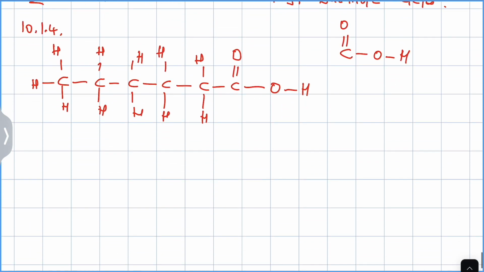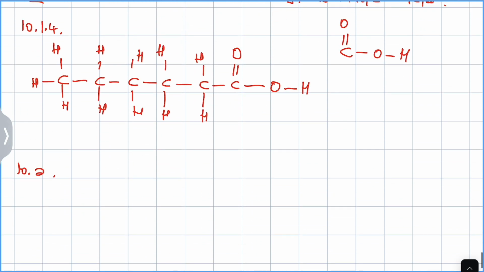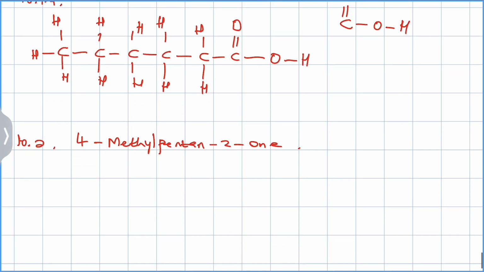So question 10.2, we are looking for the structure of 4-methyl pentan-2-one. Okay, so it's 5 carbons.